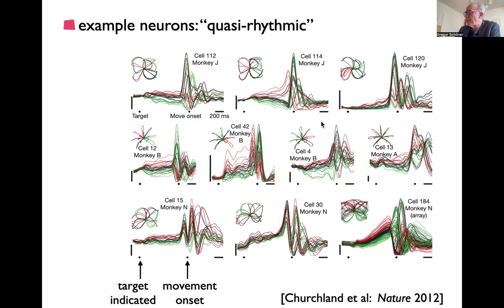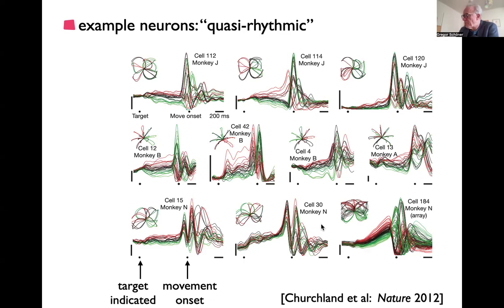Here are some examples of different cells in different monkeys. This is the time structure. You see the target is shown here at this point, and that's when different conditions differ from each other. And movement onset is here. You see a lot of these neurons are active before the movement is initiated, but there's also some activity after the movement is initiated, and then it peters out at some point.